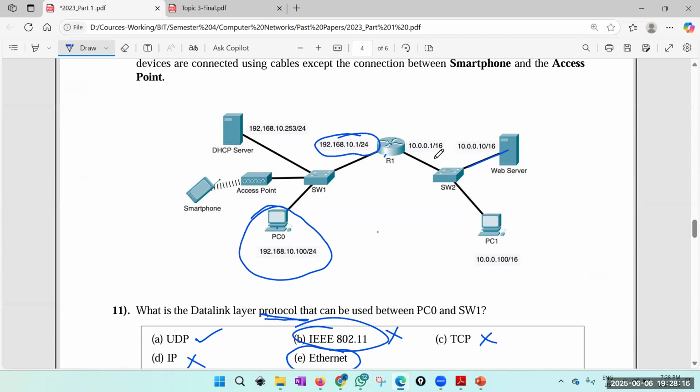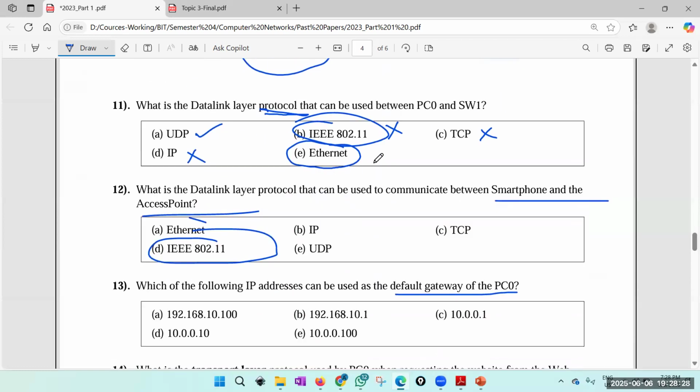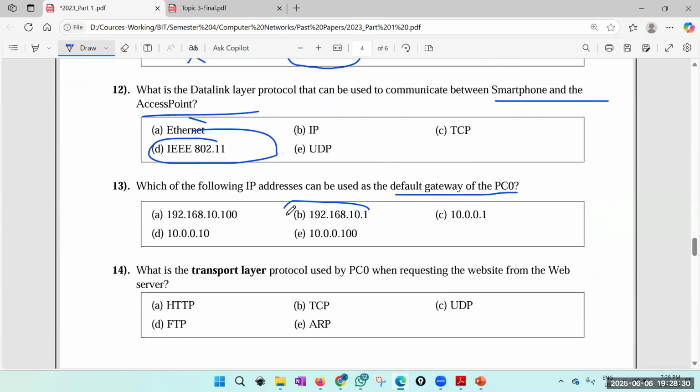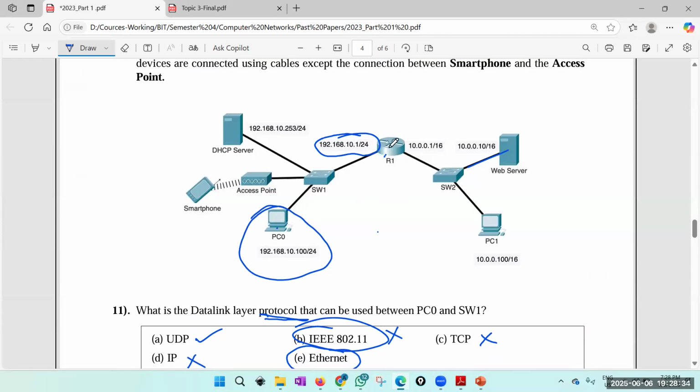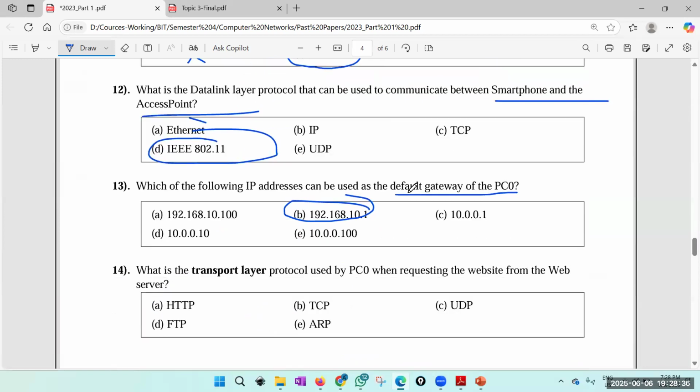So therefore, I'll go for 192.168.10.1, of course /24 is the subnet mask, because that is your router's IP address on your side. I'll go for B.